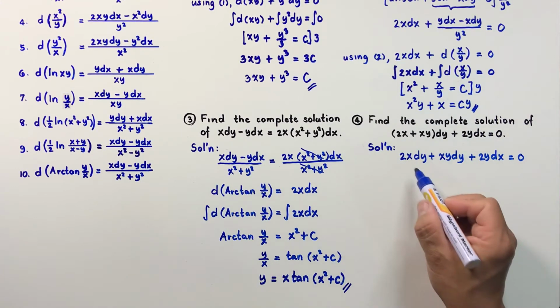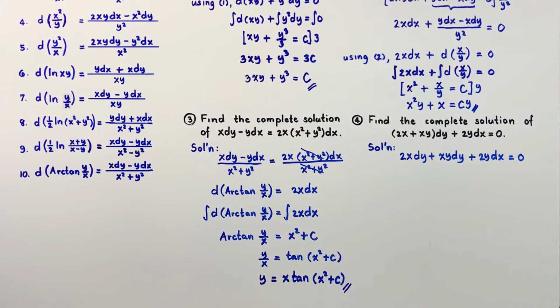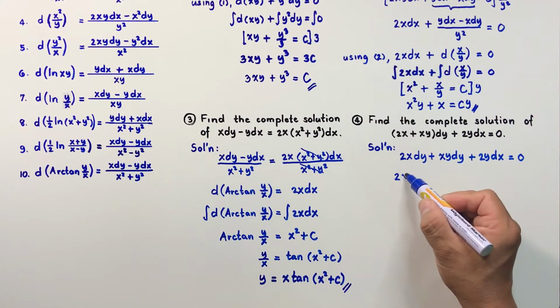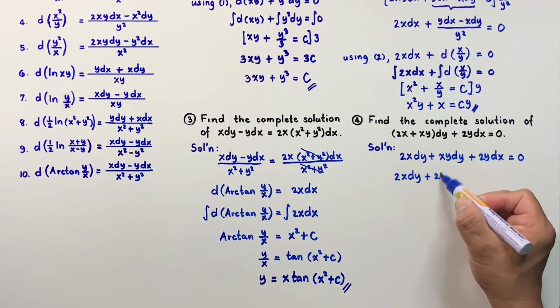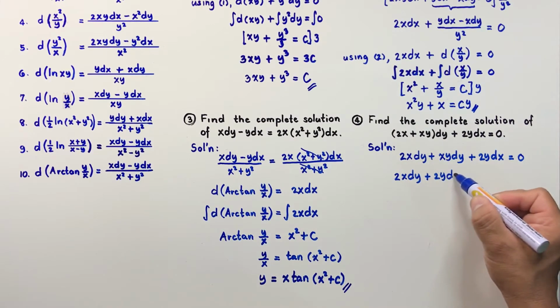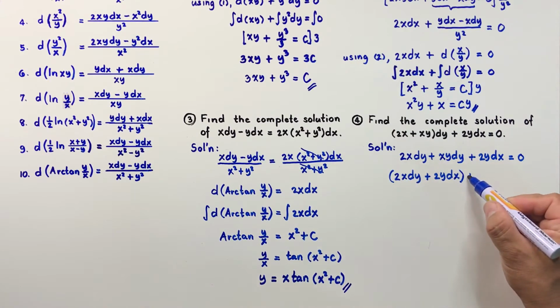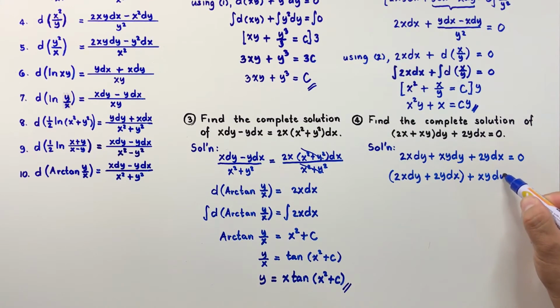And we notice that this first term and this last term have coefficients of 2. So maybe we can group them together as 2x dy plus 2y dx. And this will be added to the middle term xy dy there.